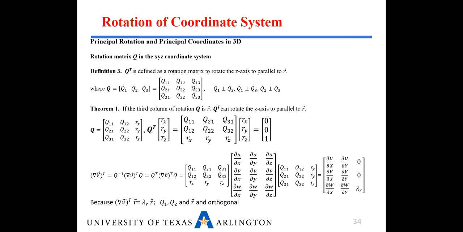New coordinates. Originally it could be anything, so it could be x, y, and z. But now we need to rotate it. Rotate what? We could be this, be that.